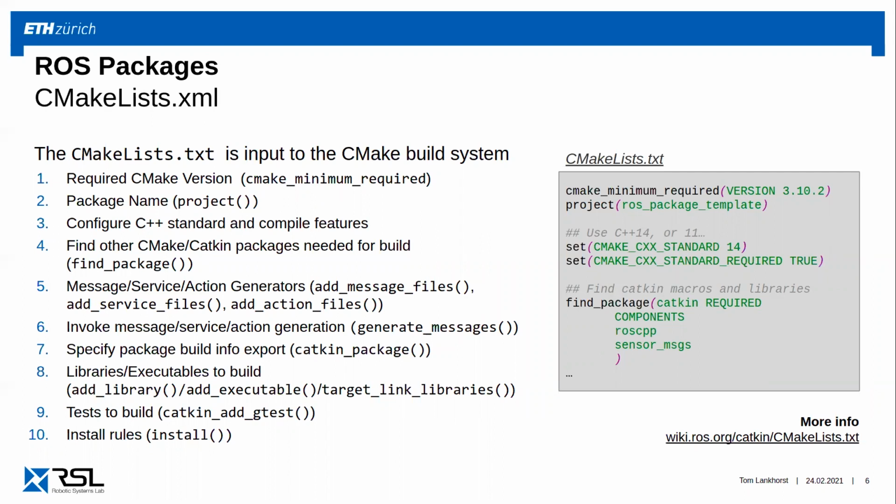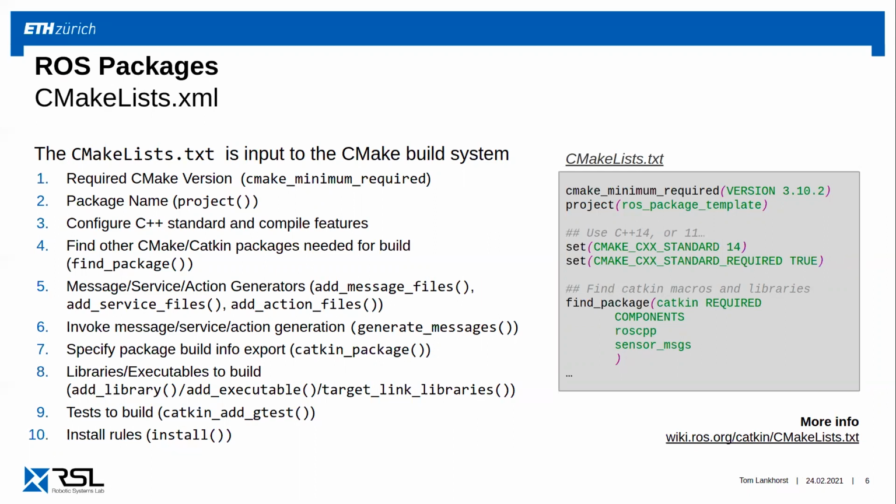The CMakeLists.txt file will consist of the following content. First of all, it will specify the so-called CMake minimum required version. In this case, I chose version 3.10, but by default, it might be version 3.0. 3.10 is shipped with Ubuntu 18.04, so that's why I chose this version.